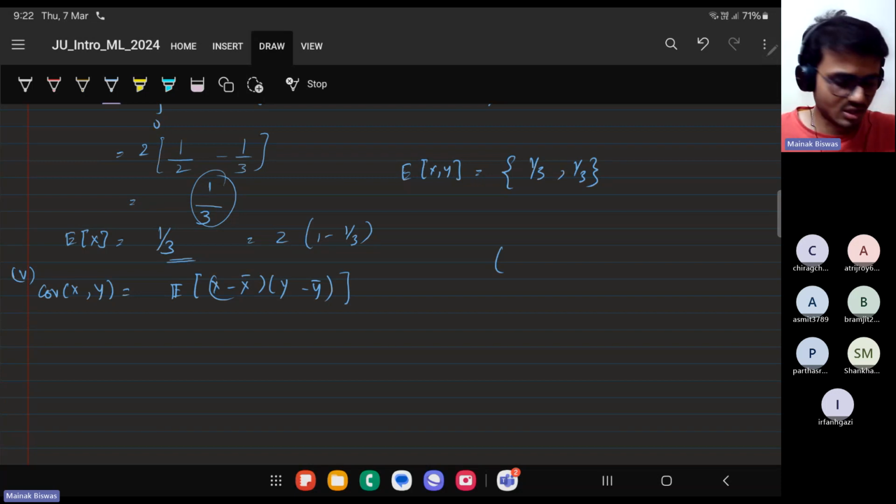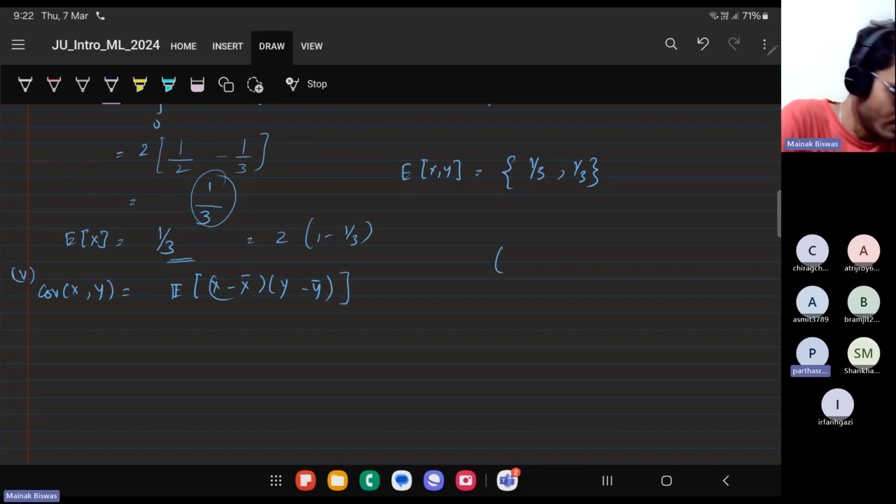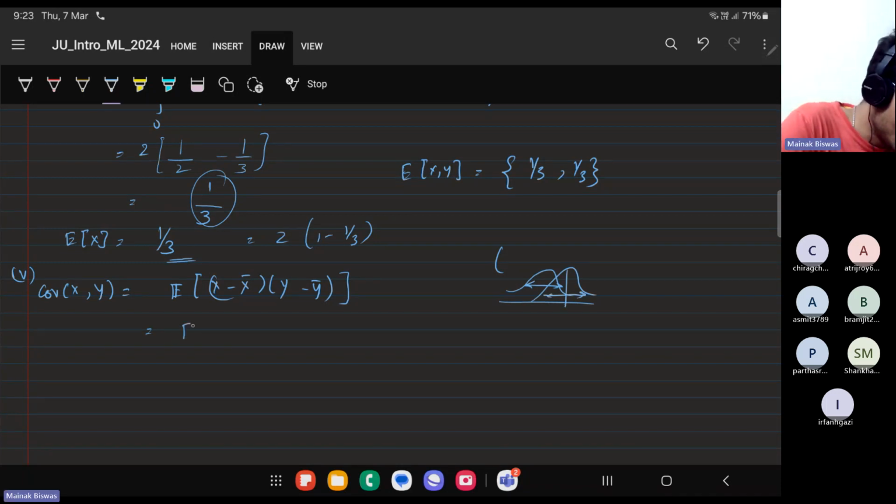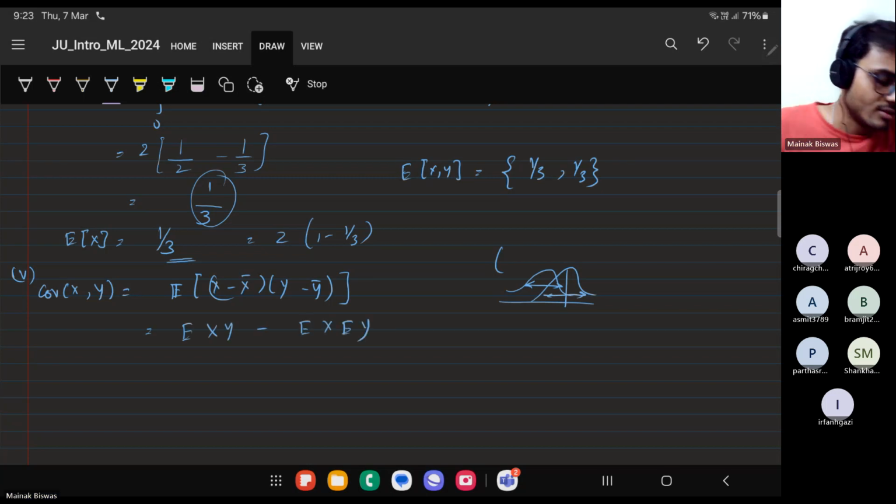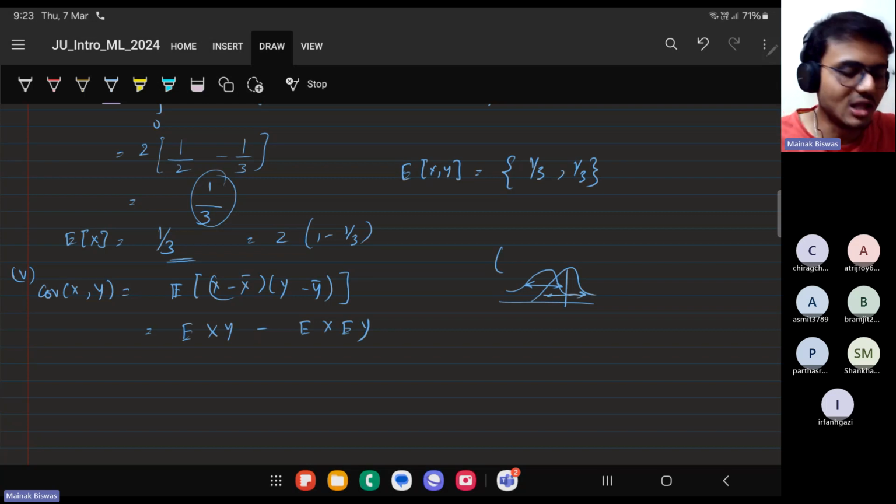We had defined this in the first or the second class. For a single variable, we saw how it varies across the mean. For two variables, how they jointly vary across the mean. That's the idea. So this is expected value of xy, as Partho is telling me. If x and y are equal, it boils down to the variance. Recall. Go back and see if you are not recalling.